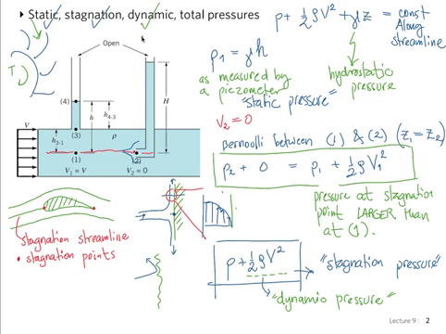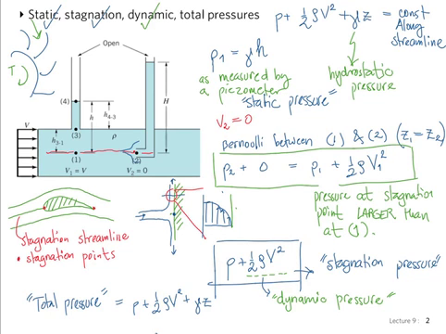And the last one is total pressure, which is the sum of all of them. Total pressure is P plus 1/2 rho v squared plus gamma z. That's the total pressure, the sum of static, dynamic, and hydrostatic, hydrostatic being gamma z. The sum of the three is total pressure.